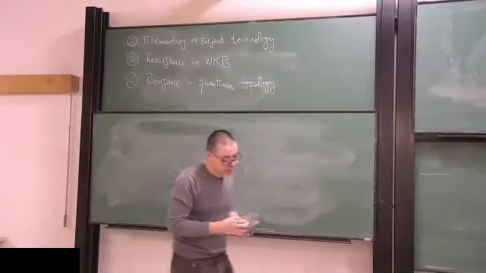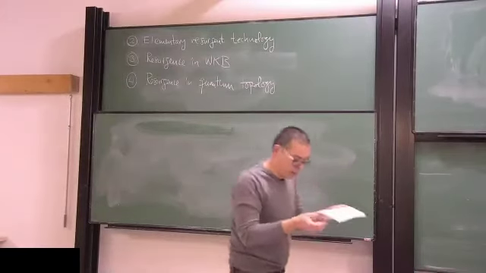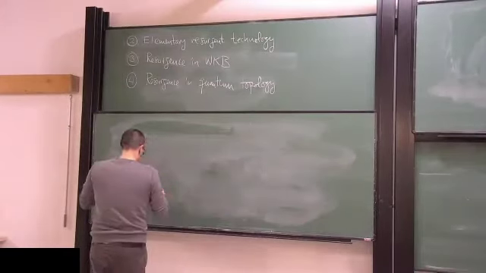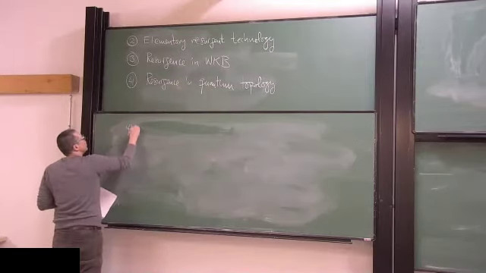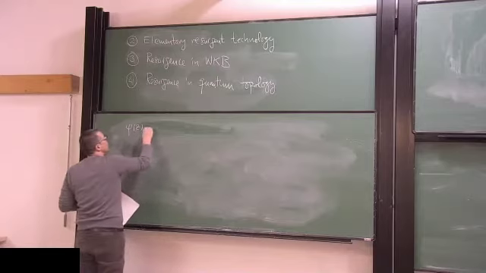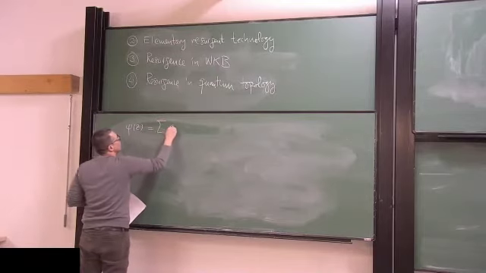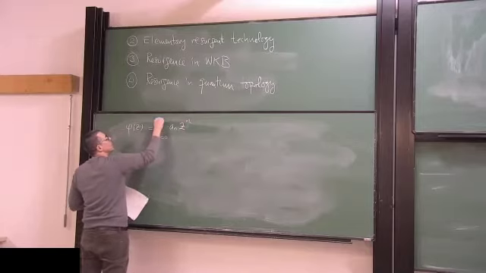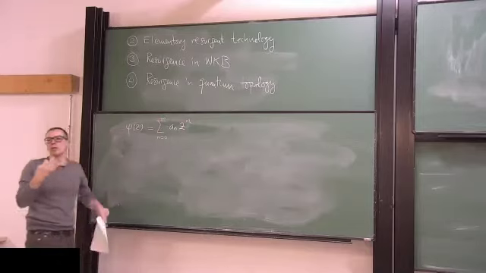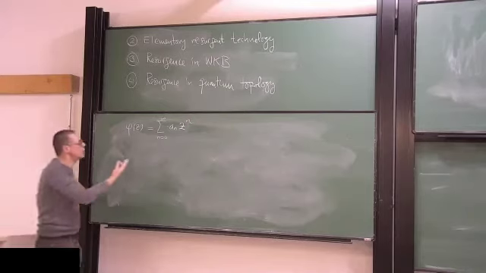Okay, so let's start then with elementary Resurgent technology. We will see this is actually quite simple. So my starting point will be a formal power series of this form. Again, this doesn't have to be thought of as a function, but as a collection of coefficients.